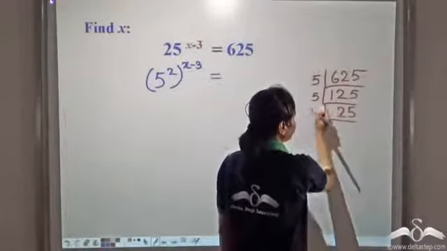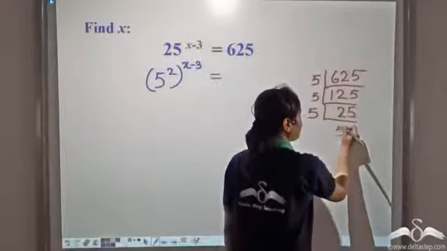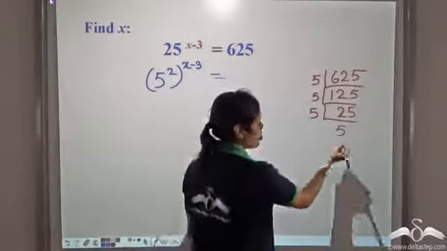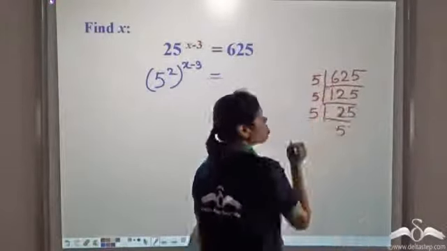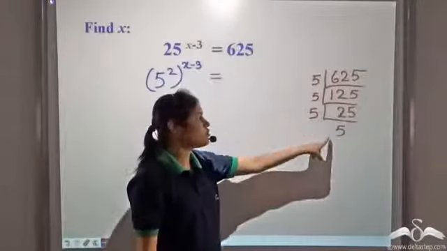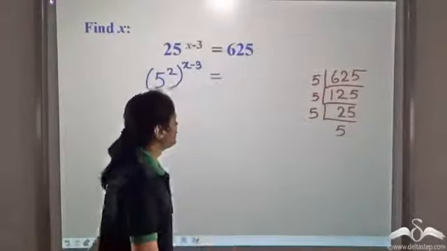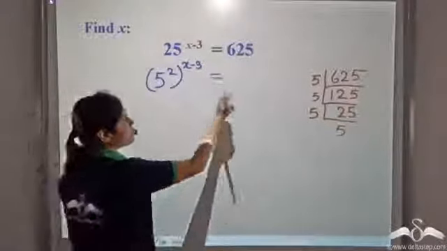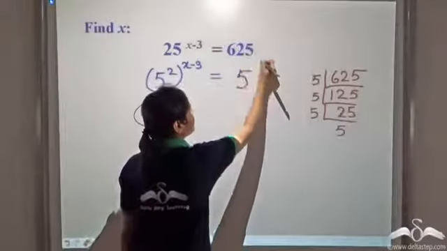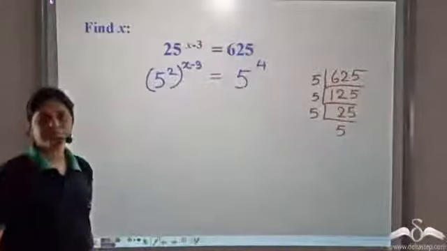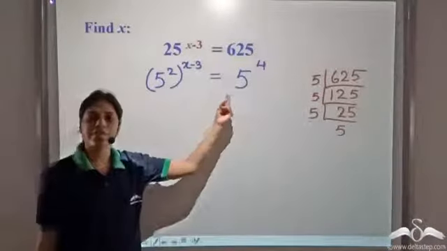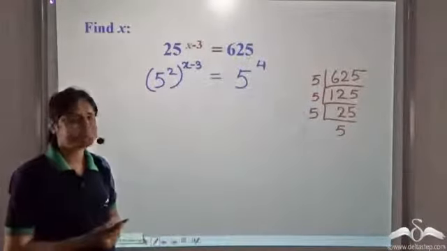Again 25 is 5 into 5. So we get 1, 2, 3, 4 5s. So this is 5 to the power 4. 625 is 5 to the power 4.